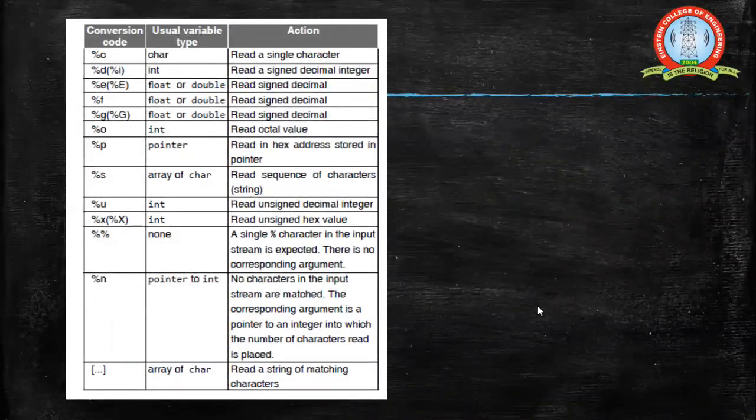This n specifies a pointer to an integer. The corresponding argument is a pointer to an integer into which the number of characters read is placed. So that is why we got the total number of characters as the n value previously in that program.